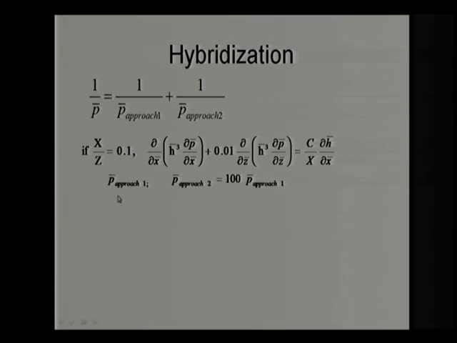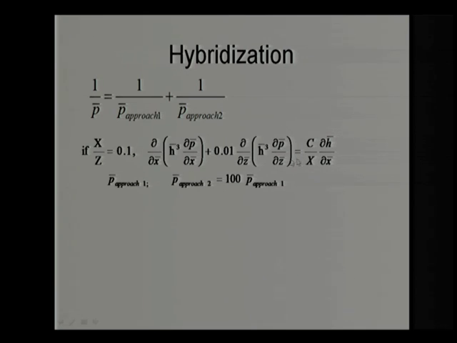We find some pressure profile, assume this is pressure approach 1. Now, just for the sake of getting some data, I neglect the second term and try to solve this. What will happen? This 0.01, when it comes to this side, will be 100.